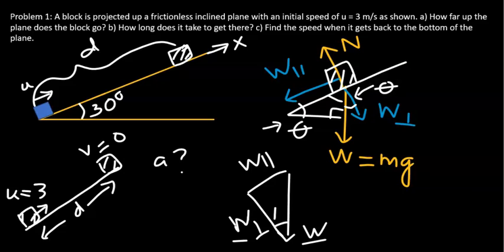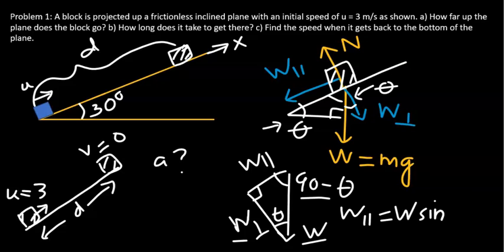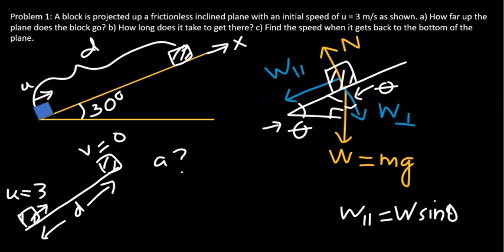So this angle here is theta. So this is 90 degrees, so that must be 90 minus theta. What that means is the component of weight parallel to the plane is quite simply W cosine of 90 minus theta, or W sine theta. Now we are ready to calculate this acceleration. So W parallel is the one that's responsible for the acceleration down the plane. And now we can figure out what that a is.